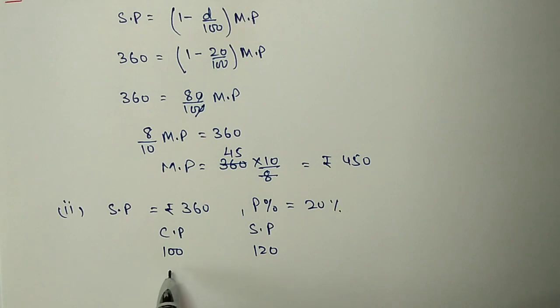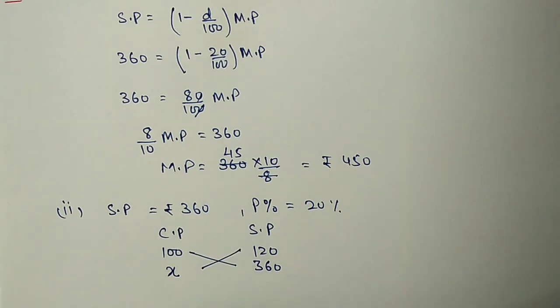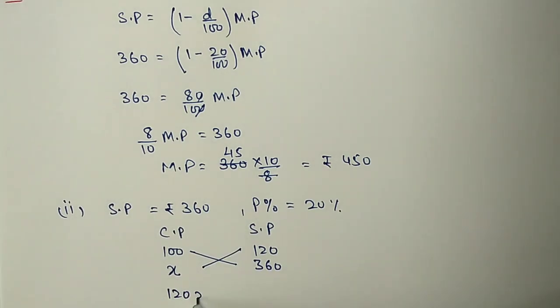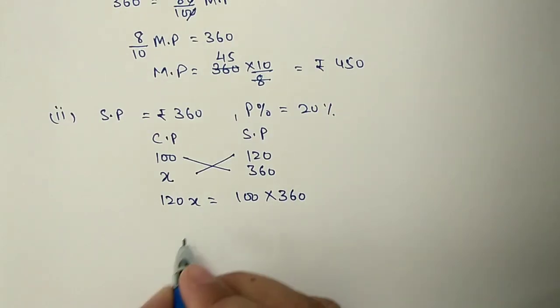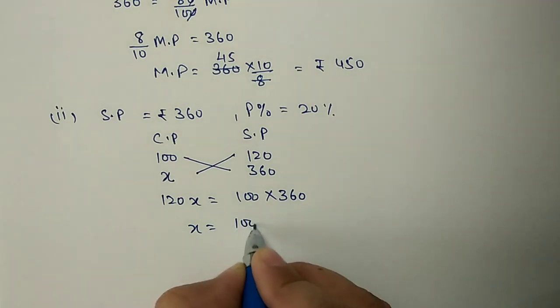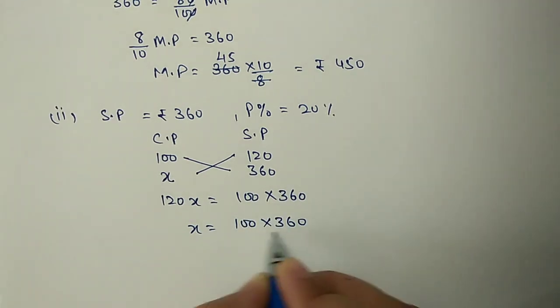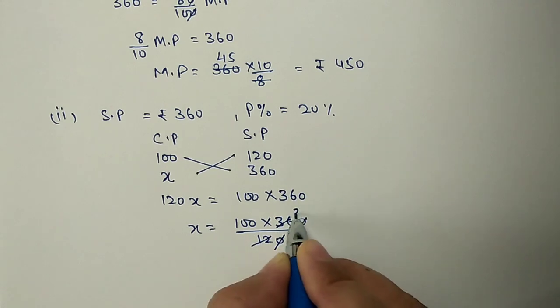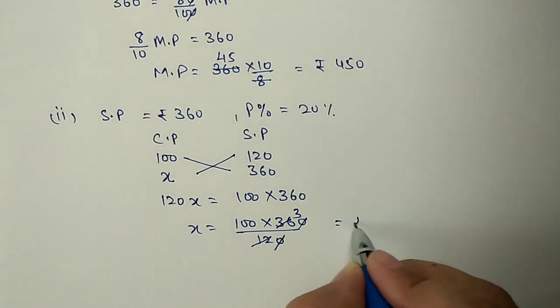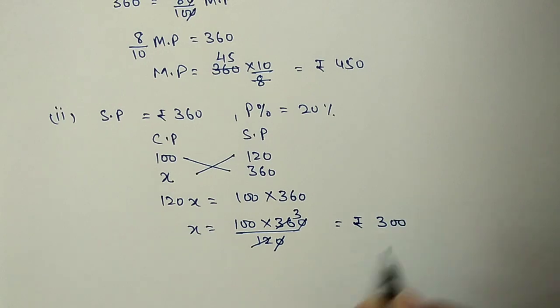And cost price we have to find out, so let it be x. Selling price is given 360 rupees. Cross multiply, 120 x is equal to 100 into 360. Now 120 we can shift to the other side. 100 into 360 divided by 120, 0 we can cancel and 12 3s are 36. So cost price will be 300 rupees.